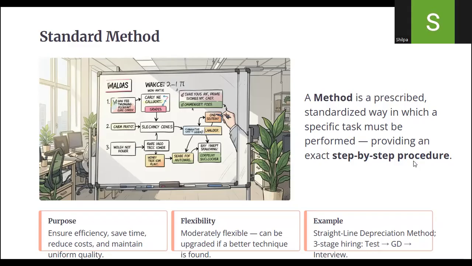The purpose of a standard method is to ensure efficiency, save time, reduce cost and maintain uniform quality. Whenever you give in detail the steps to be taken to complete a given task, it saves the time of your employees and team members, and it also reduces your cost.